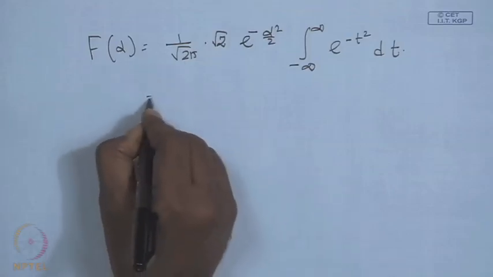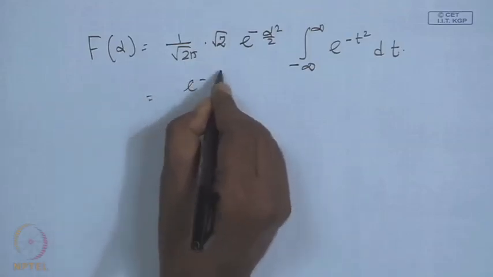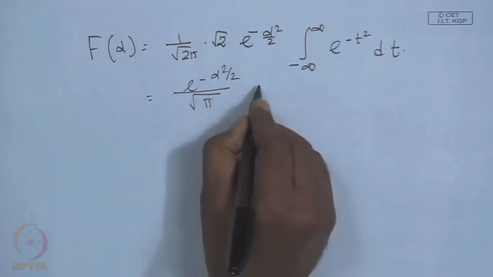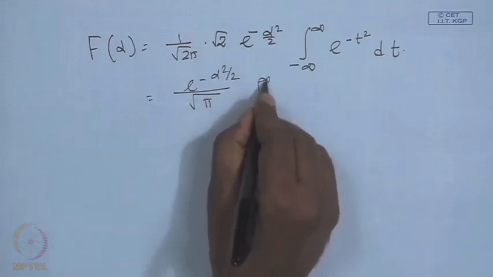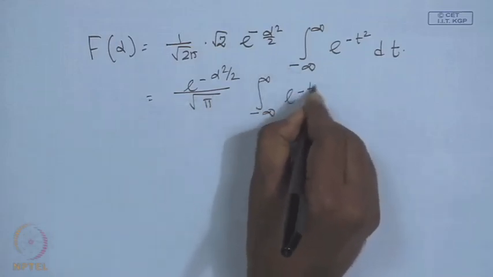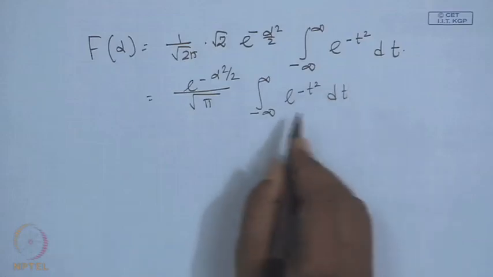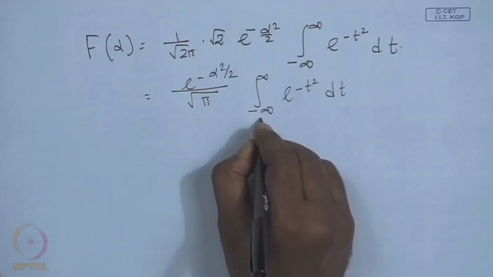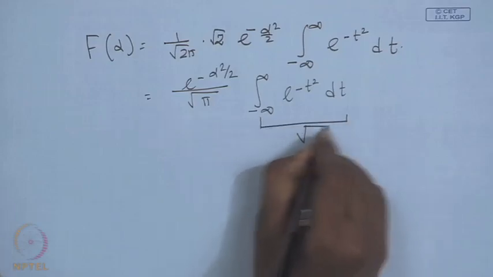So, this becomes e to the power minus alpha square by 2 divided by root pi, integral from minus infinity to plus infinity of e to the power minus t square dt. And what is the integral from minus infinity to plus infinity of e to the power minus t square dt? This becomes root pi.